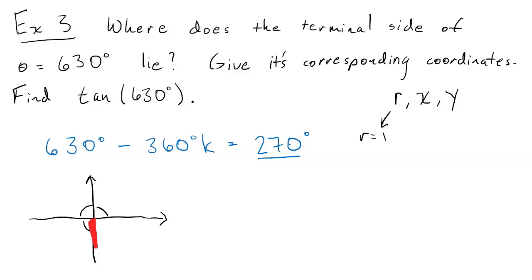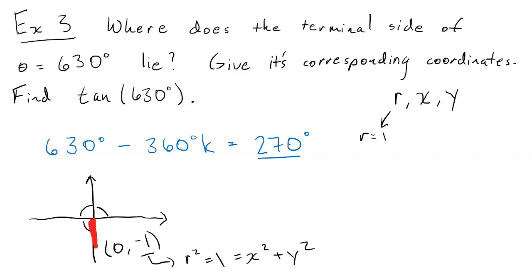Okay, now we can write our coordinates, which is going to be 0 for x, and then it moved down on the y-axis 1, so minus 1. Remember, the way I got this minus 1 is from the Pythagorean theorem. We have r squared is equal to 1, which is equal to x squared plus y squared.